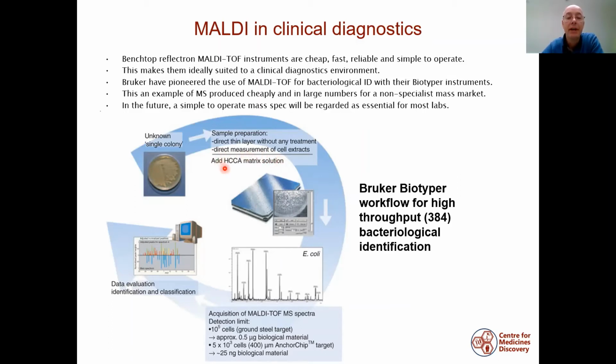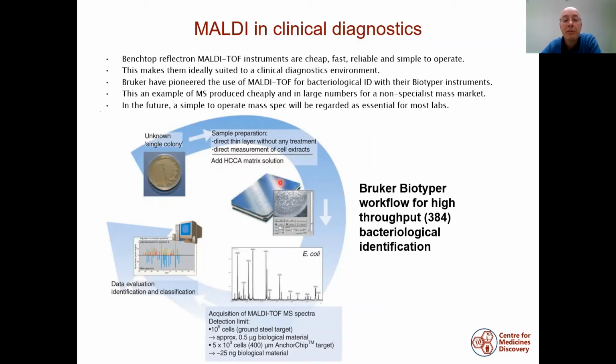In this case, it's alpha-cyano-4-hydroxycinnamic acid, and that's dissolved in acetonitrile. The acetonitrile will have the effect of lysing the bacterial cells, so you will have a protein solution spotted on each spot of the MALDI target plate.